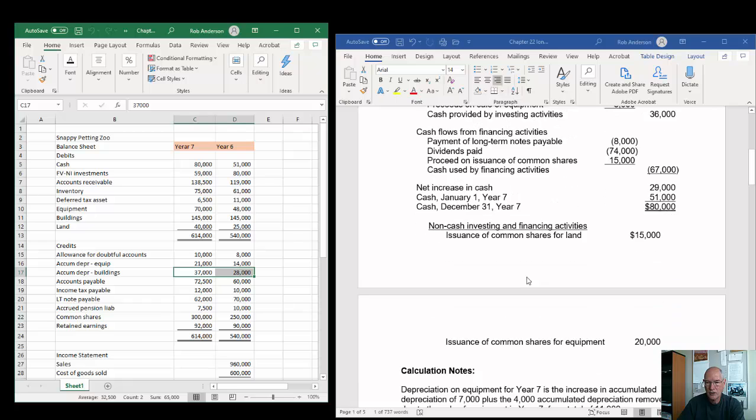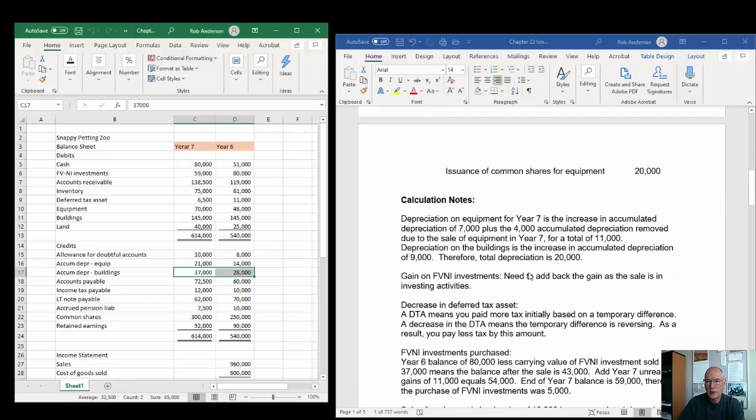So let's look at depreciation. If we take depreciation on equipment, well, we're going to say that accumulated depreciation went up 7, right? So we'll start with $7,000, saying, okay, that's depreciation expense for the year.